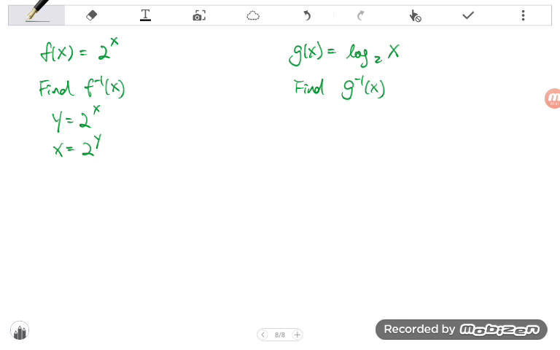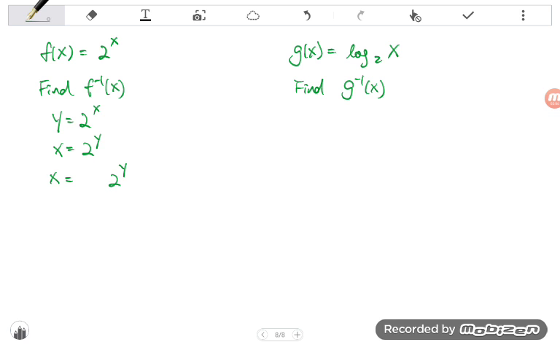So here my y is in the exponent. We learned about this in the previous video, where I can use log to cancel out exponential, and I can use exponential to cancel out log, right? So here I'm going to erase this line. This is 2 to the power of y, this is x.